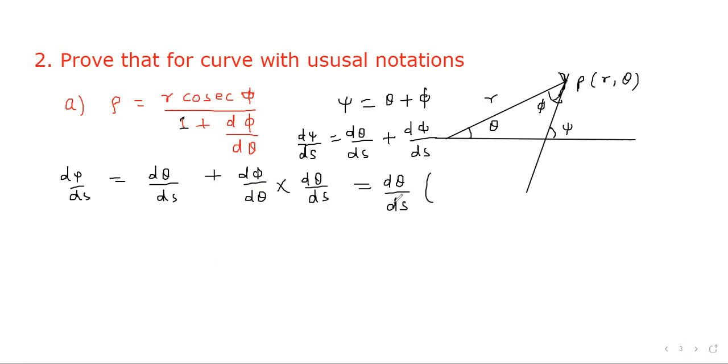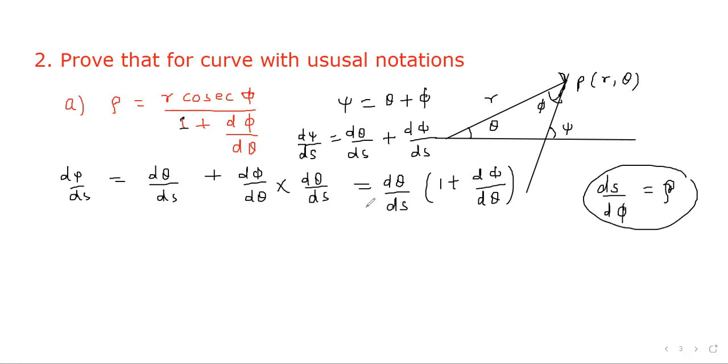Then inside the bracket, we will be left with 1 plus d phi upon d theta. Now, we know that ds upon d psi is the radius of curvature rho, so we can make use of it.